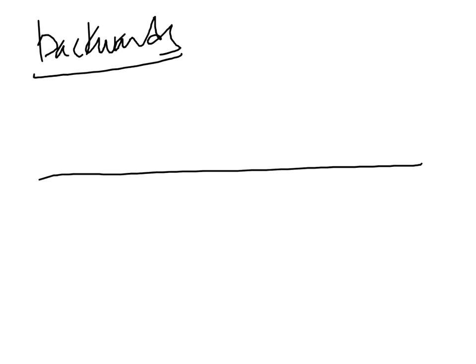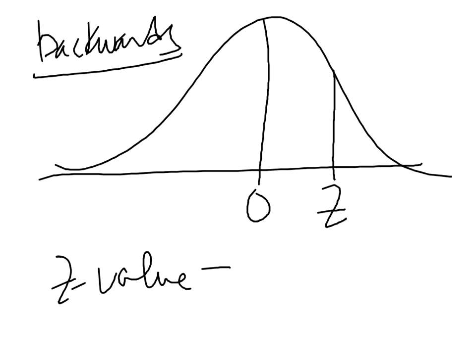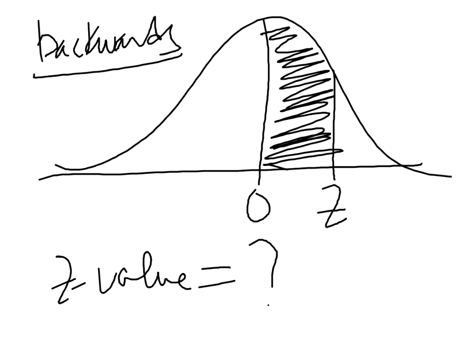See what's different about this situation. This time, we want the z-value that's associated with an area, in fact, it's this area, 0.2123.